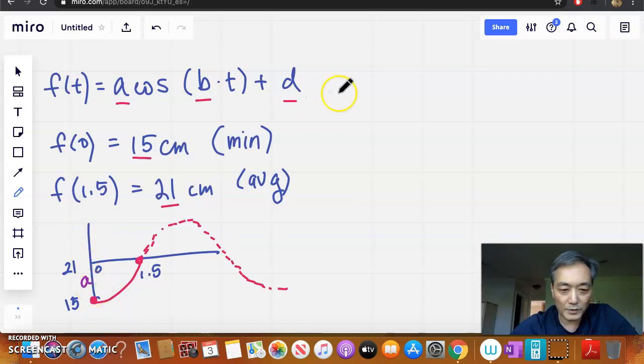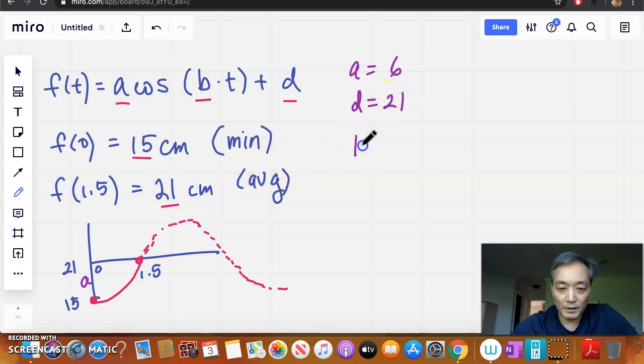So amplitude is the difference of 21 and 15. Our amplitude is going to be 6. And D is already given. That's the midline, the average value, so we have our 21.